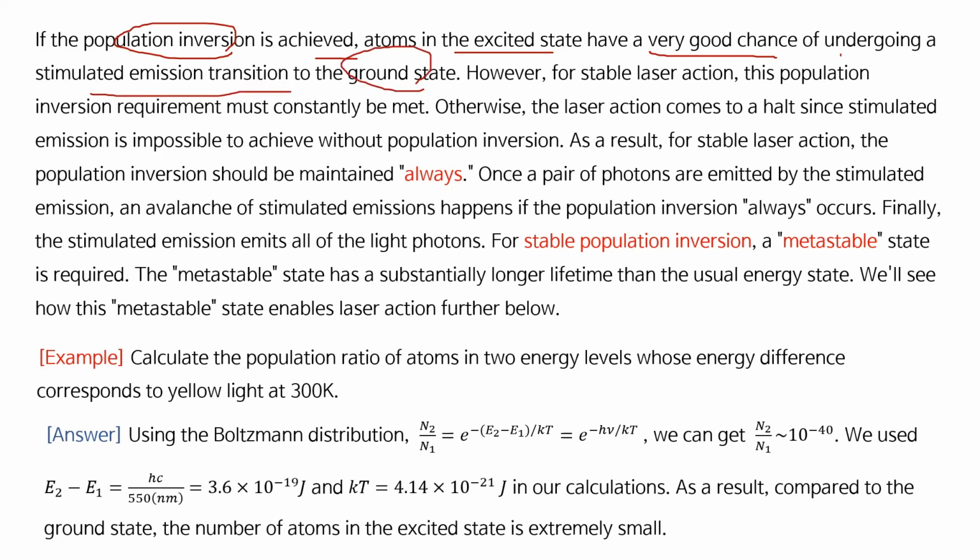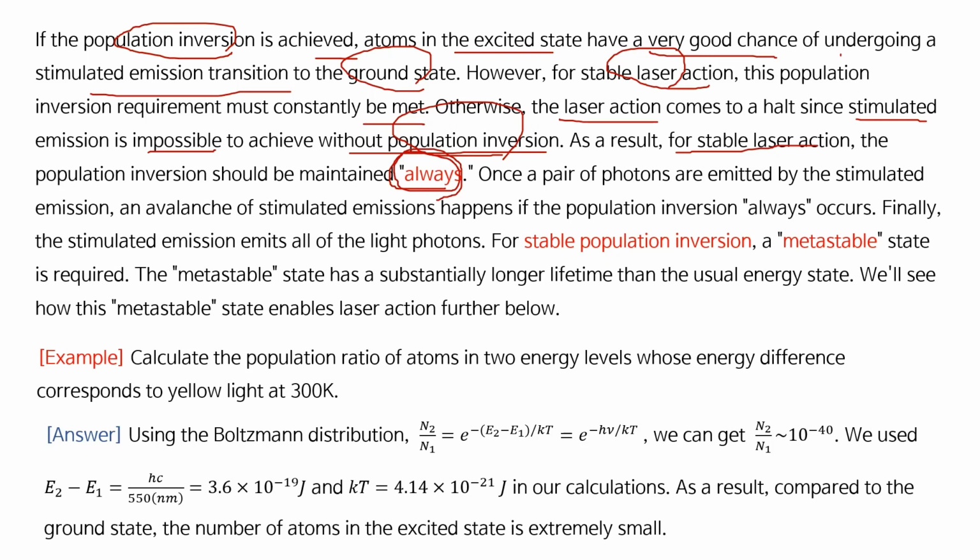However, for stable laser action, these population inversion requirements must constantly be met. Otherwise, the laser action comes to a halt, since the stimulated emission is impossible to achieve without population inversion. As a result, for stable laser action, the population inversion should be maintained always.